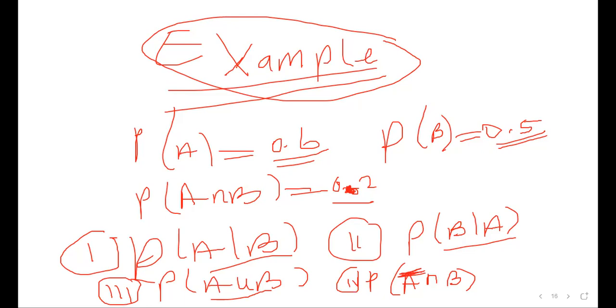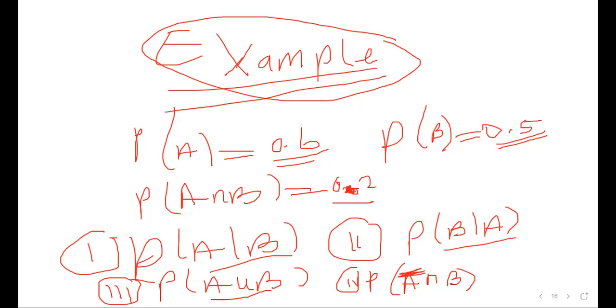Then the other one, the probability of B given A: 0.2 divided by 0.6, so it's 0.333.